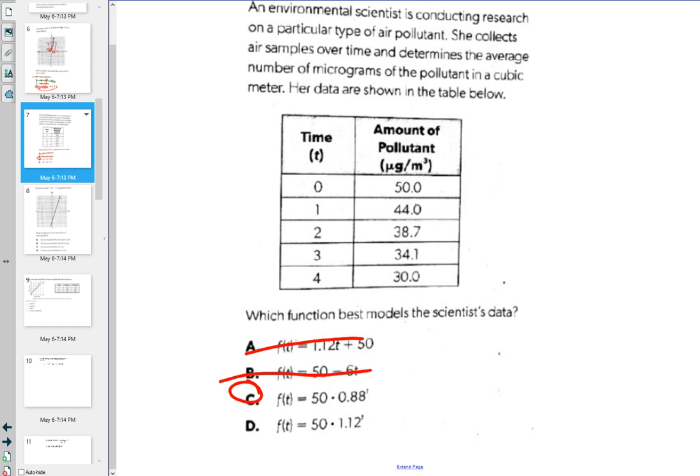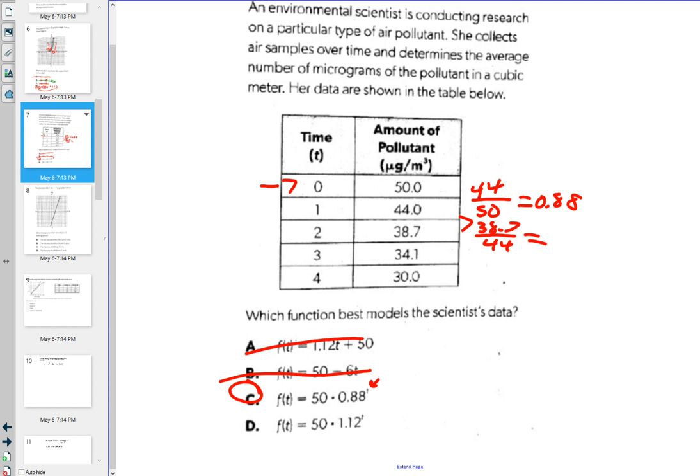What is the original amount? It is 50. If I were to plug in a 0 for t here, anything to the 0 power is 1, and 1 times 50 is 50. You can substitute 1, substitute 2, or you can just check by doing 44 divided by 50. See what you get. That is 0.88. You could do 38.7 divided by 44.